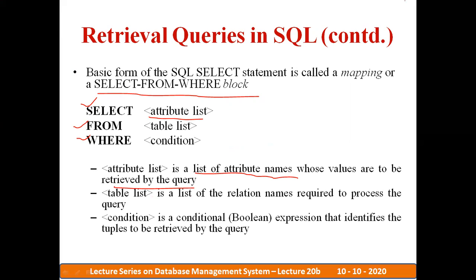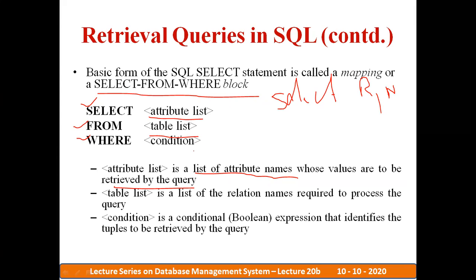That means I have to write select, then roll number and name, because that is what I am going to retrieve. Now from, I need to specify the table list, which indicates the tables that are required.